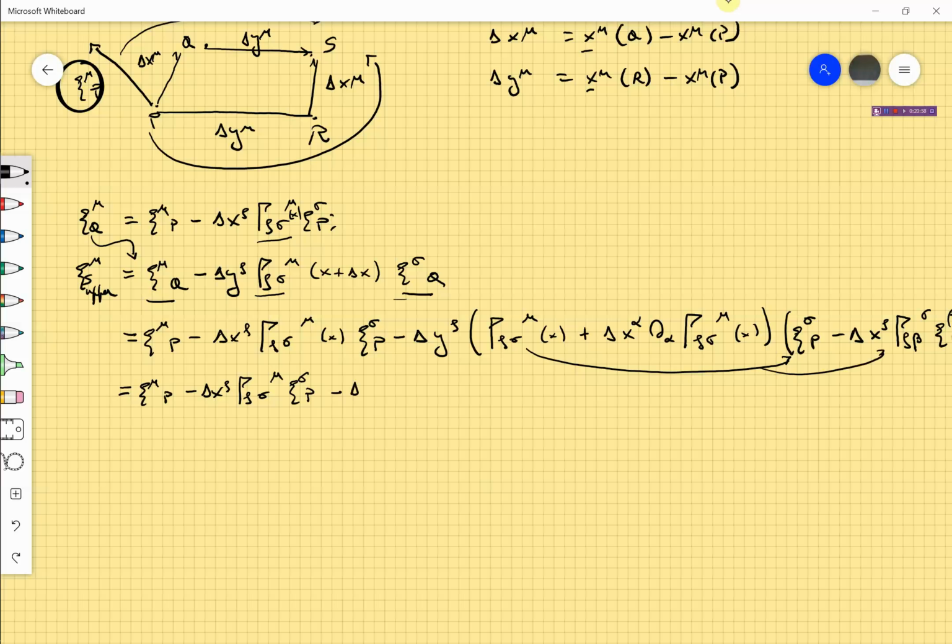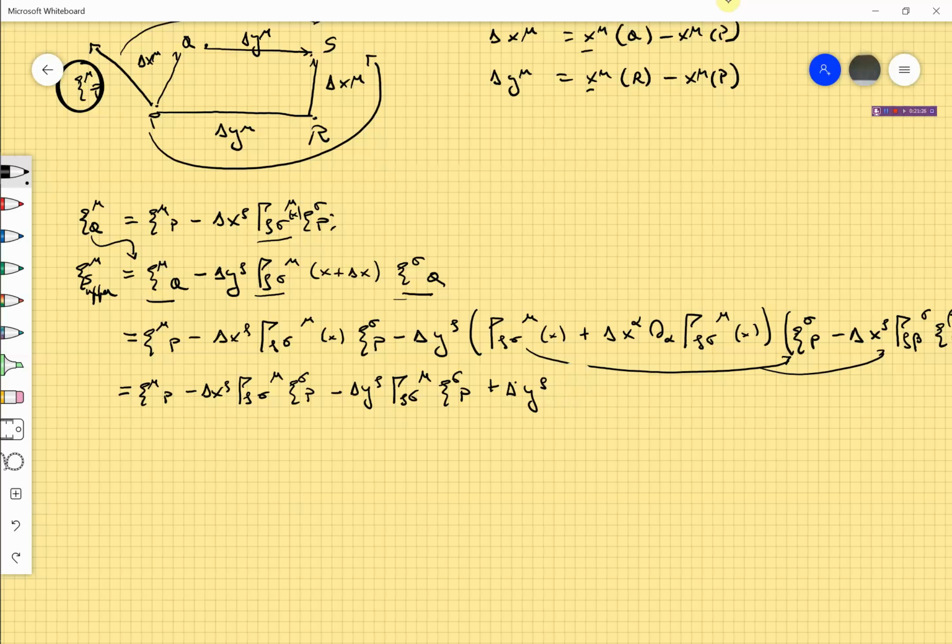So first delta y rho gamma rho sigma mu psi sigma p, then minus, and minus will be plus delta y rho. I put this delta x rho.